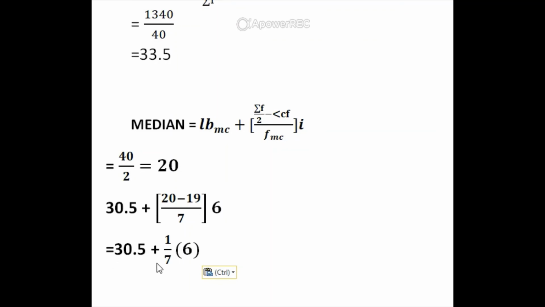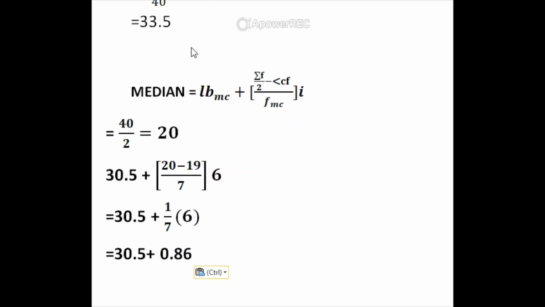We have 30.5 plus 1 all over 7 times 6. So, pwede nating i-multiply si 6 kay 1 to become 6 all over 7. Since hindi naman tayo makakapag-add agad ng fraction to decimal, kailangan nating i-convert ang sagot ng 6 all over 7 into decimal places. And that results to 0.86.